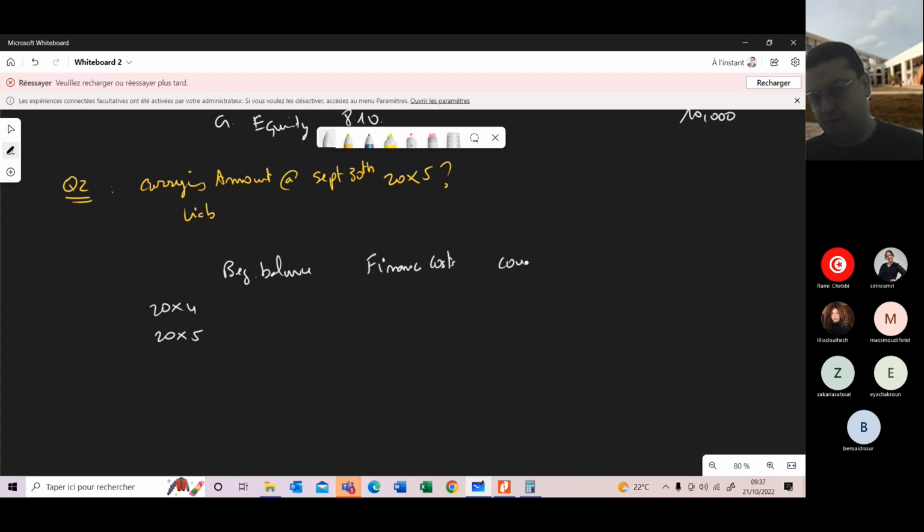And finally, you continue working on the finance costs, the coupon rate or the coupon in general. So the ending balance. The beginning balance is obviously the one that we start with, 9,190.